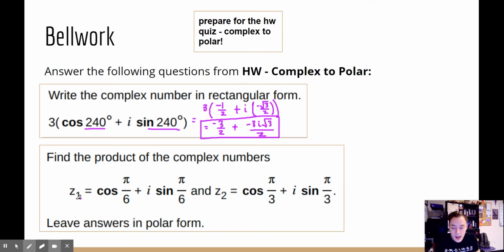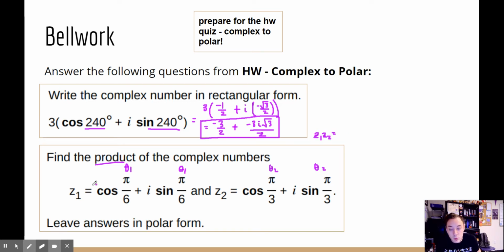For 2, I have two complex numbers in polar form. So I have z1 and then z2, and I want to combine these. Now remember, this is my theta 1, this is my theta 1, this is my theta 2, and this is my theta 2. Now I want to find the product, which means I just need to add the angles. So what this will be, and I'll do it over here, z1 times z2, this will equal, now what's my r, you say?